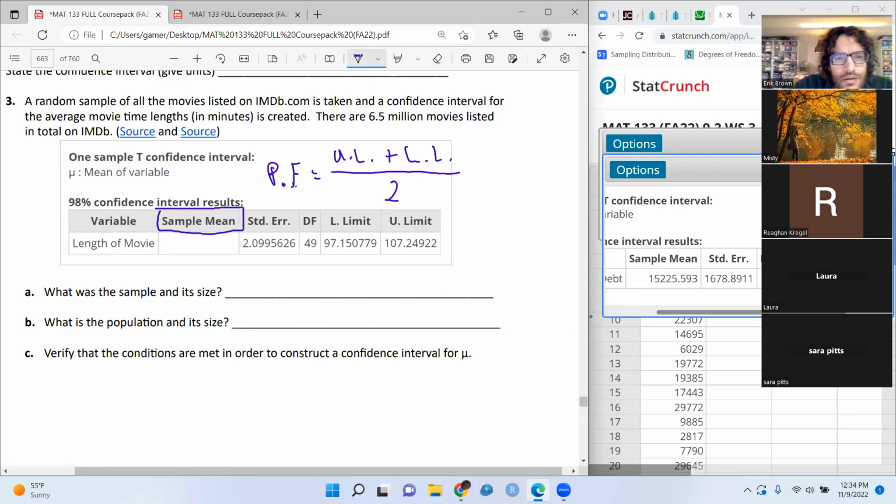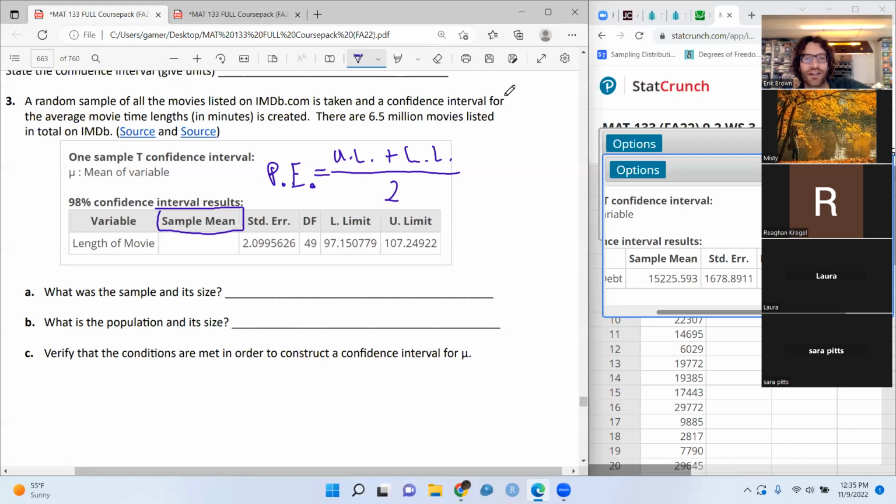What's the definition of point estimate? Generally speaking, it refers to what?